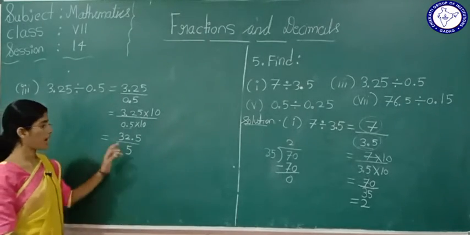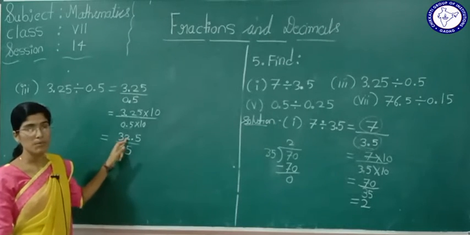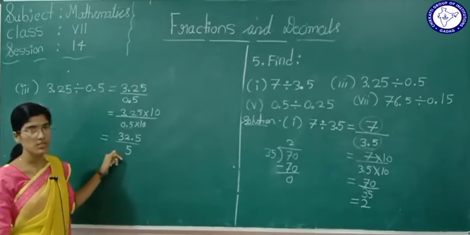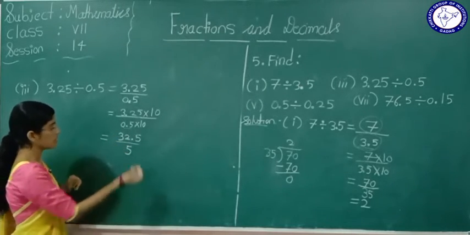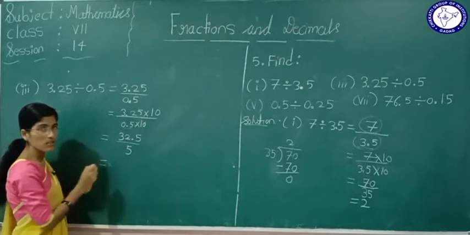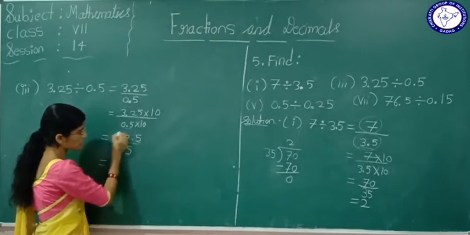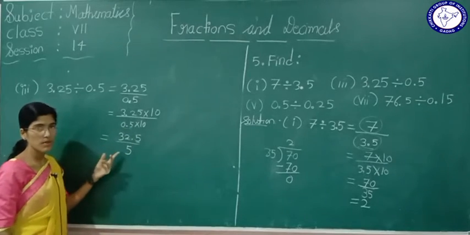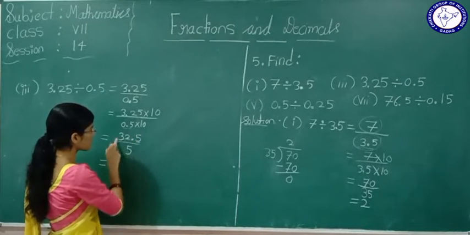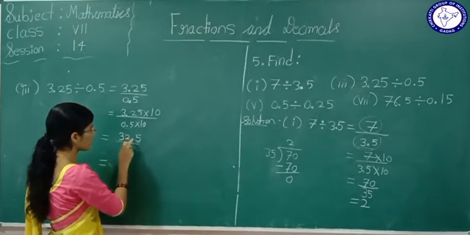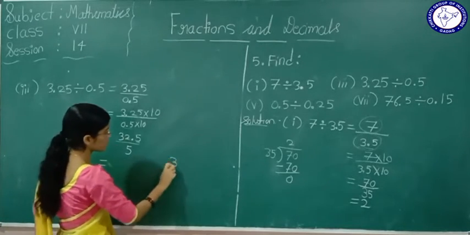Now again, I told you how to divide a decimal number by a whole number. Yes or no? See here, 32.5 is there. In the unit place 5 is there, so definitely this number is divisible by 5. Neglect the decimal point. It becomes 325.